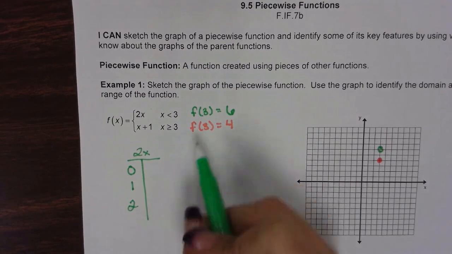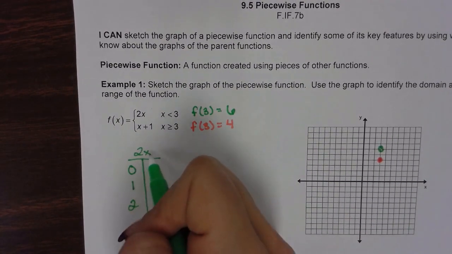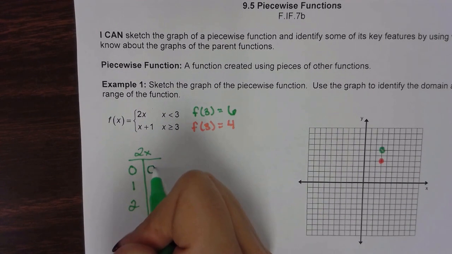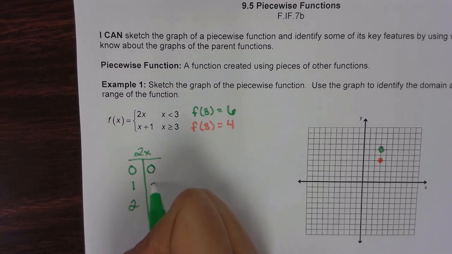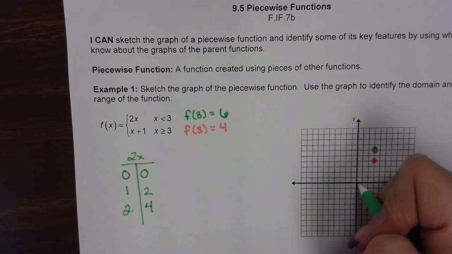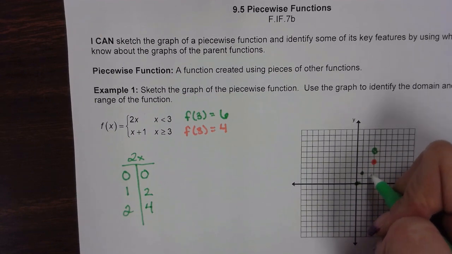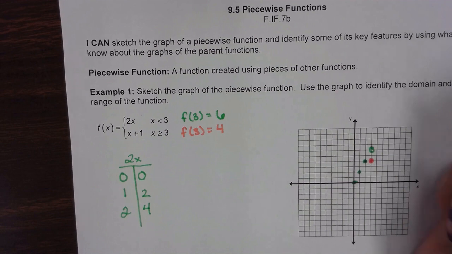I don't need to include 3 because I already included 3 there. So 0 times 2 is 0, 1 times 2 is 2, and 2 times 2 is 4. So I'm going to graph these coordinates now: (0, 0), (1, 2), and (2, 4).